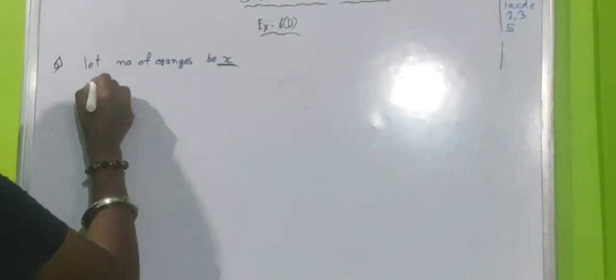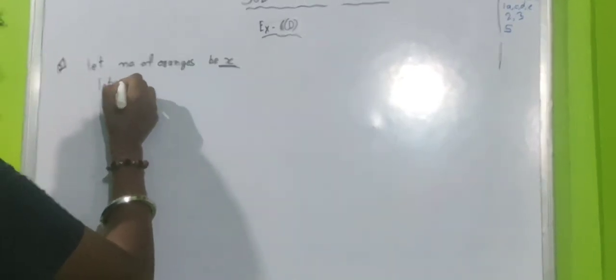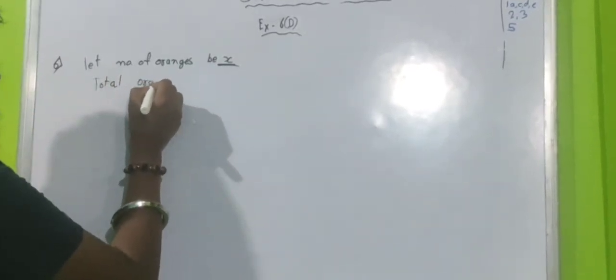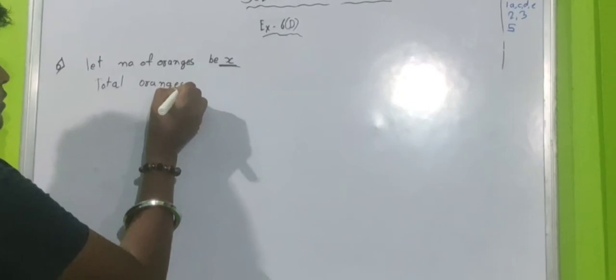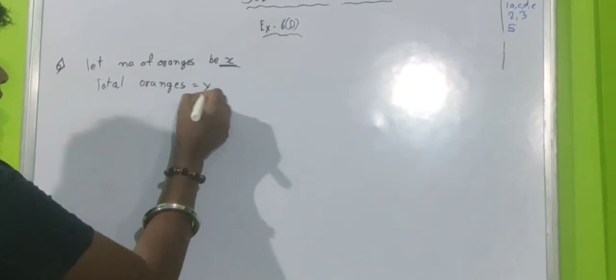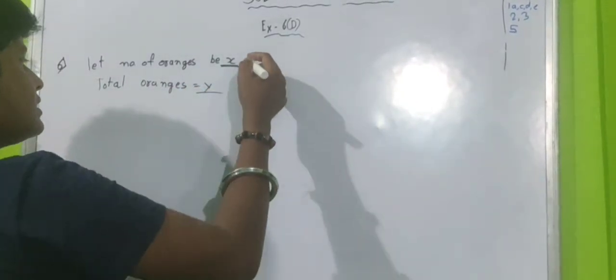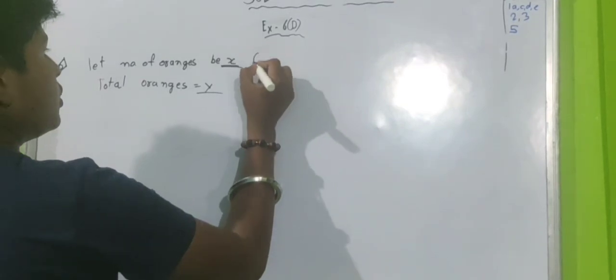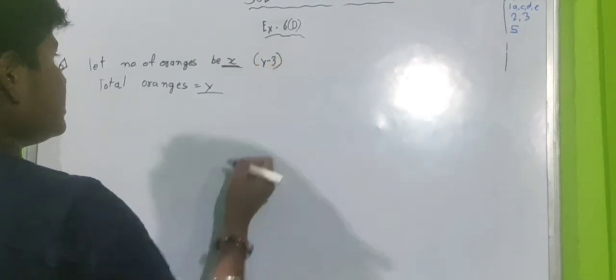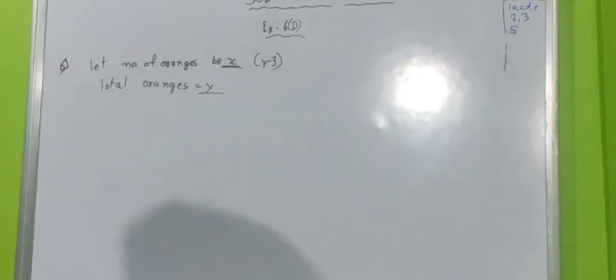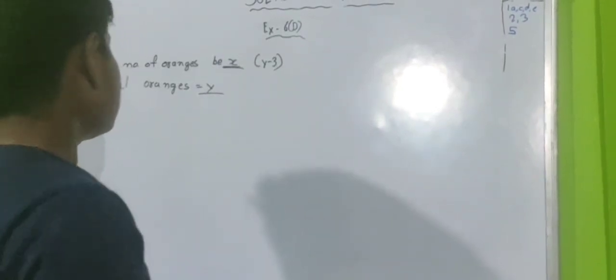So total oranges, let it be y. So now this can also be written as y minus 3 because 3 oranges are eaten by the servant on his way.